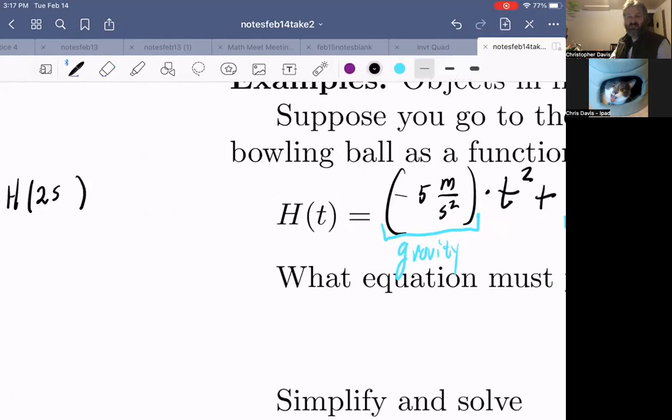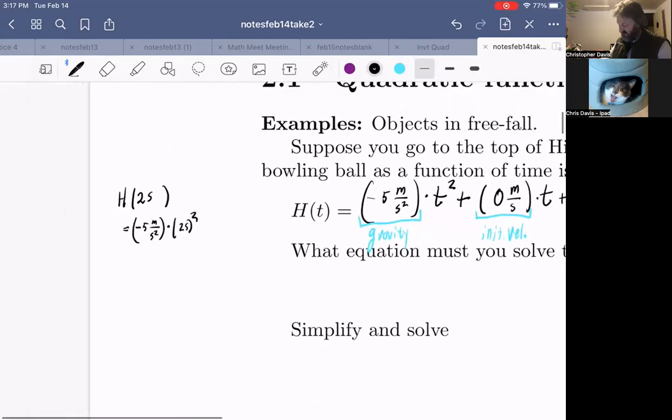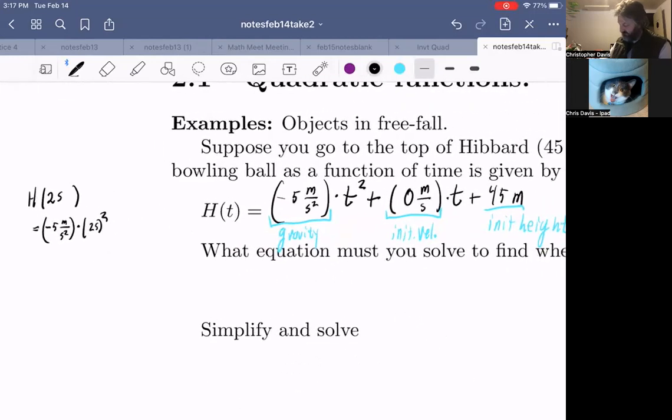That is -5 meters per second squared times 2s squared. So I plugged in 2s for t. The 0 doesn't matter, plus 45 meters.